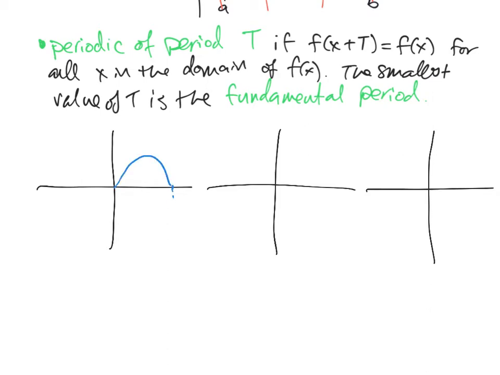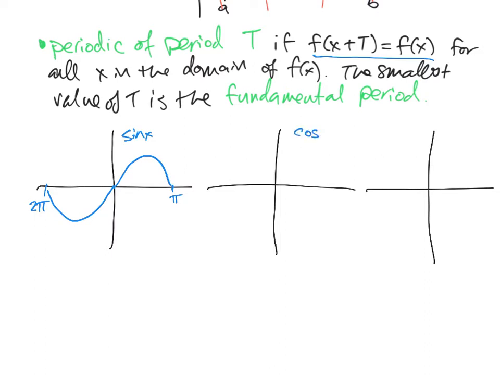It goes like that over to pi, and then over to 2 pi. So this is sine of x. You could say that sine of x has period 6 pi, because if you put 6 pi into this relationship, it holds. But the smallest value of T that you could put in there would be 2 pi, and that's what makes it the fundamental period.